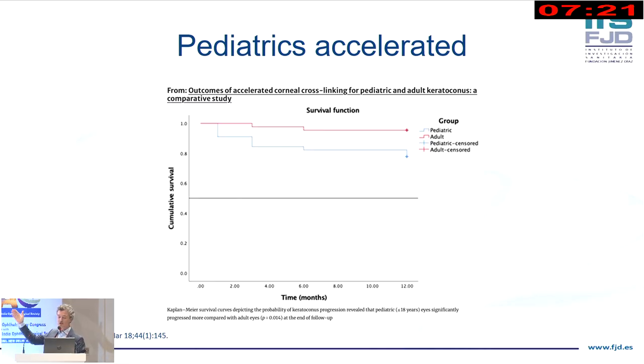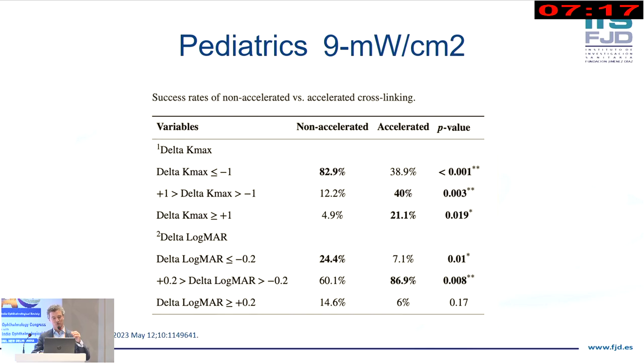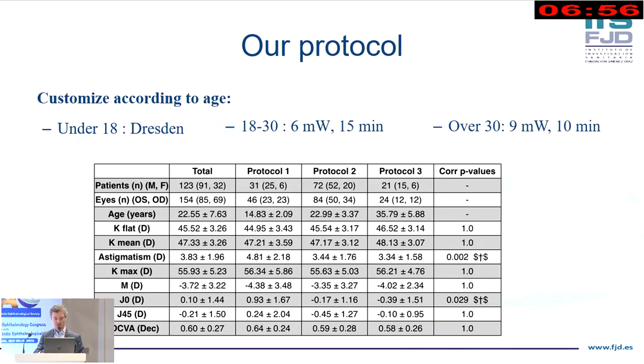That survival curve is after the 9 milliwatts, 10 minutes protocol. Also, in other studies, they found that non-accelerated crosslink had better results. By better results, I mean less progression, both in terms of visual acuity loss and in terms of applanation.